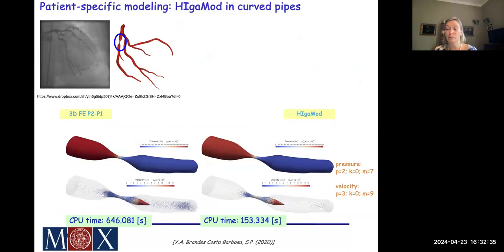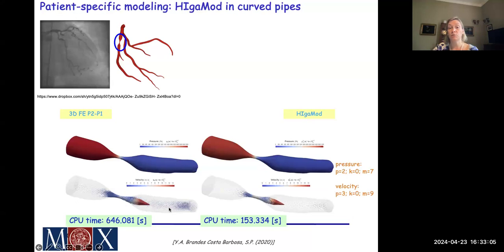And this is a more challenging configuration. So we are dealing with a stenotic lesion in a coronary artery. You see that the geometry here of the patient, the configuration of the patient is very compromised. So again, we compare a 3D full finite element P2, P1 approximation by solving the Stokes equation with the HiMod approximation for these choices of finite elements and for this number of modes.